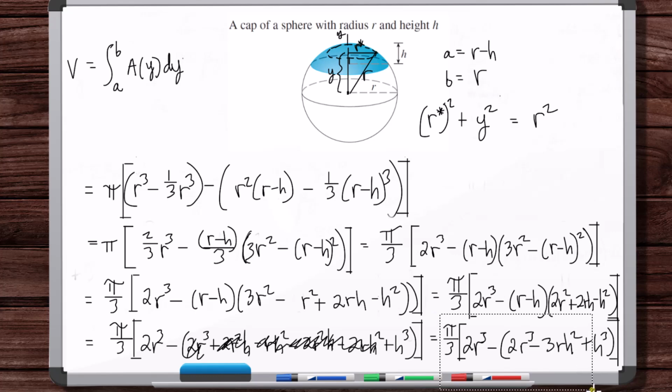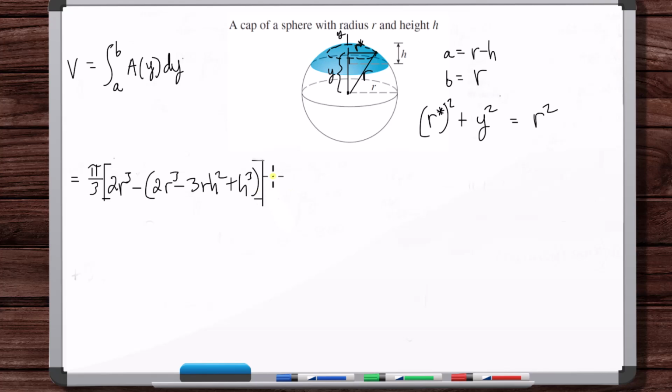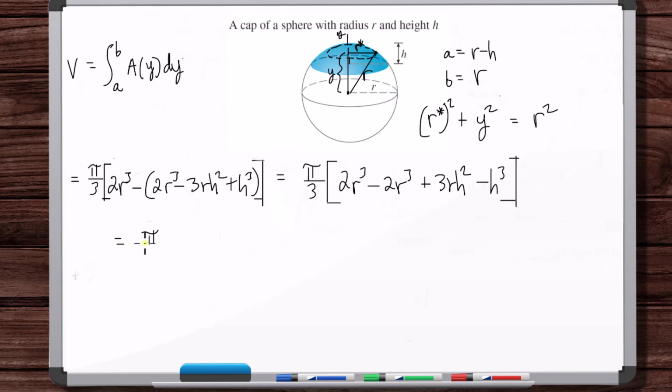Okay, so this is 2r cubed minus 2r cubed plus 3rh squared minus h cubed. So these cancel, so we've got 3rh squared minus h cubed.